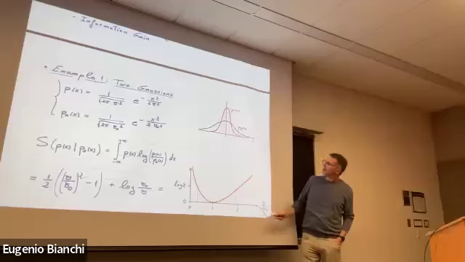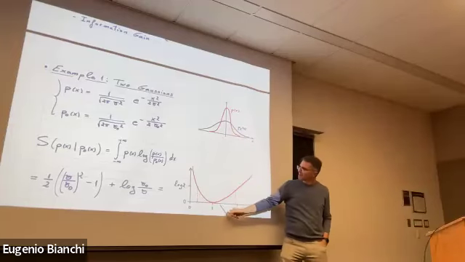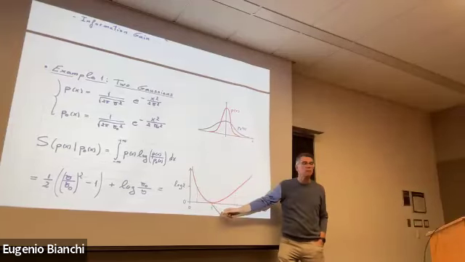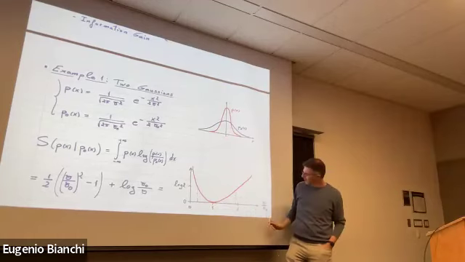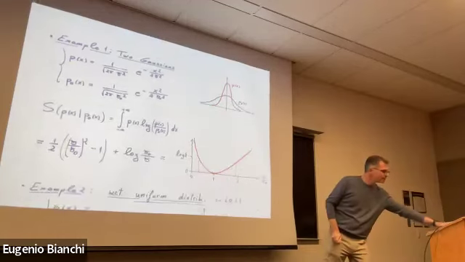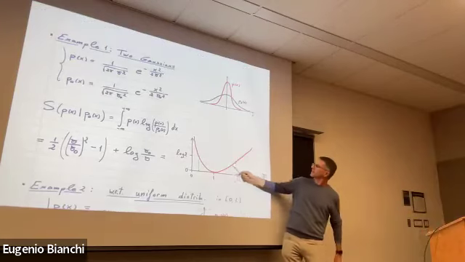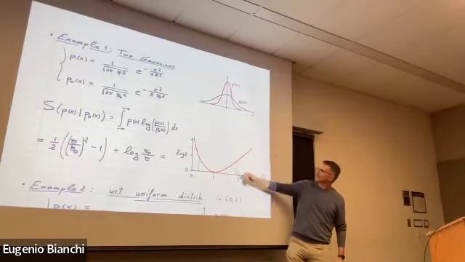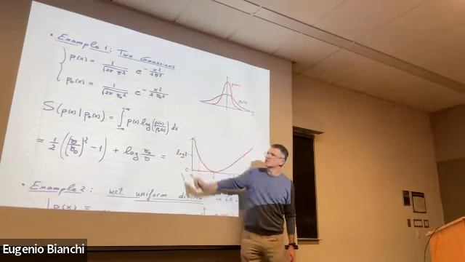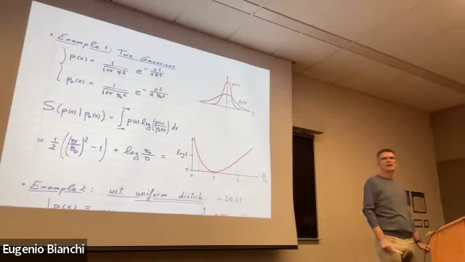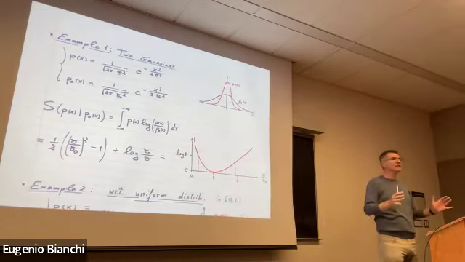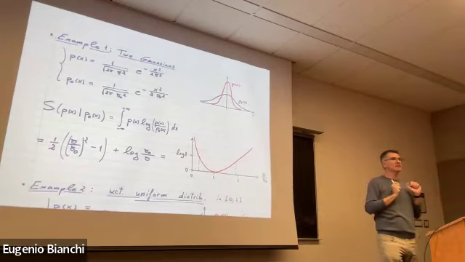And you can check that if the two are the same, the ratio is 1 and the relative entropy is 0. If it's larger, it grows quadratically, and if it's smaller, it diverges logarithmically. Okay? So that's how it measures the distance of one from the other.